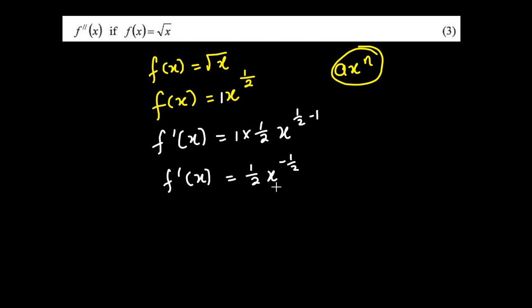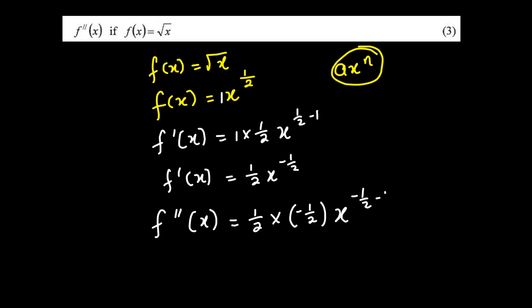It means once I'm done differentiating here, I must differentiate again. Okay, so to get f prime prime x, I'm going to take what I got and apply the rule again. So I'm going to say half multiplied by the exponent, which is negative half, and then I say x, and then the exponent minus 1.